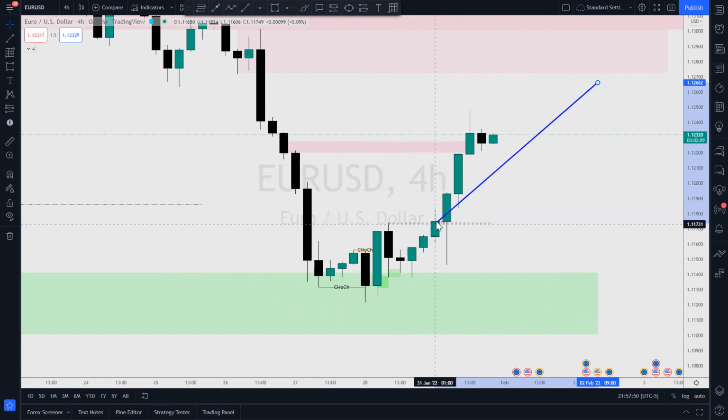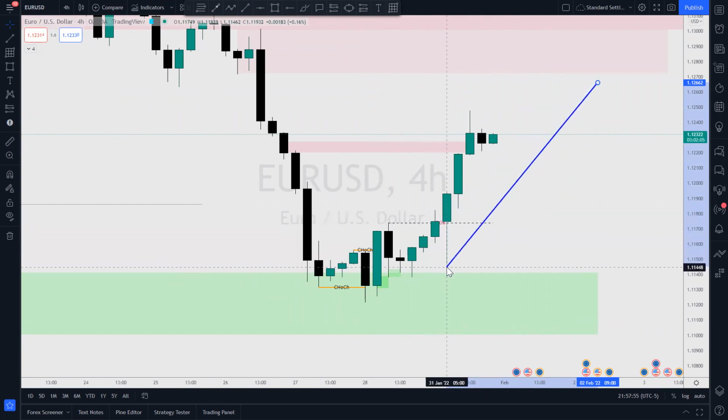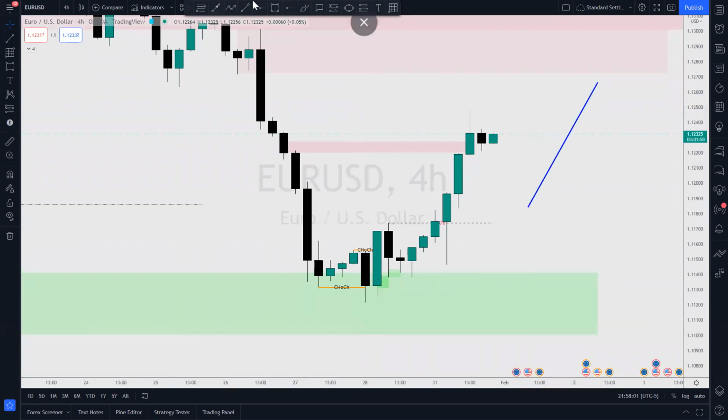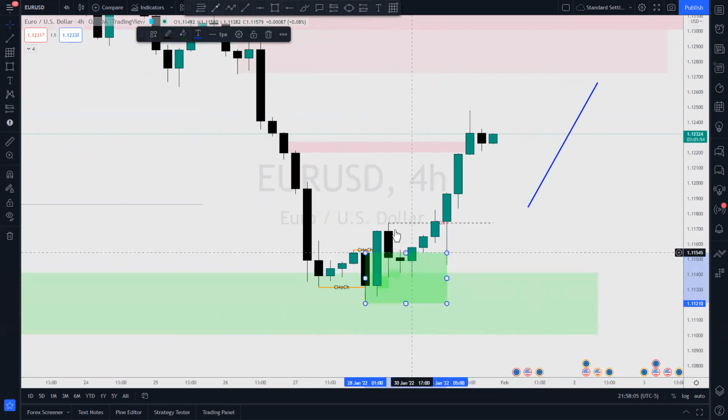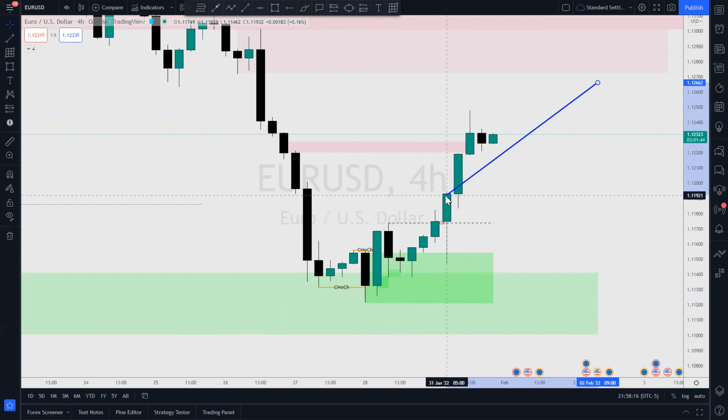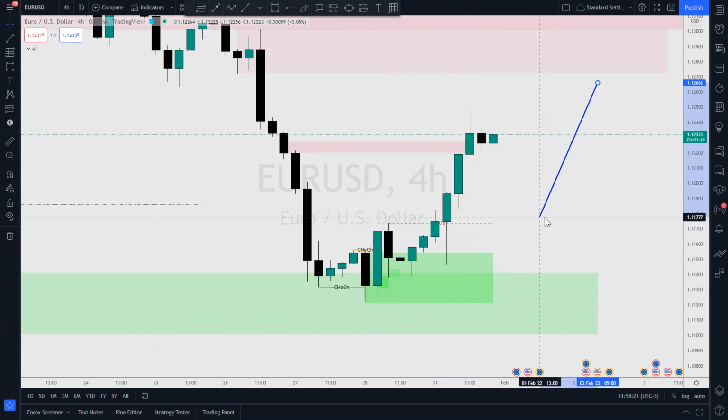Price made this high here, and we pulled back for the return to impulse, the return to the origin. Understand that it formed a zone of demand. And what did price do? Test, test, test. We broke structure, it came back to the origin, and then off to the races.